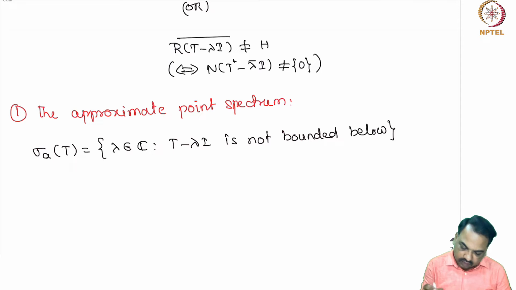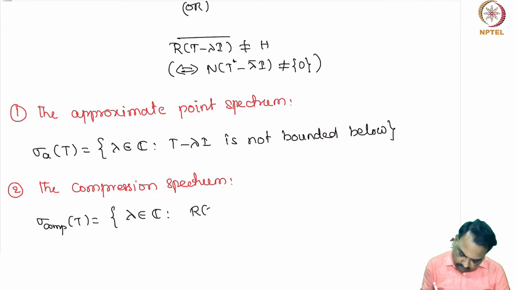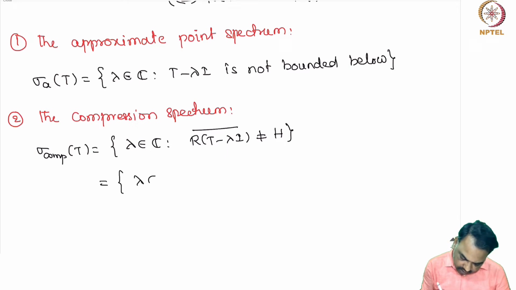Okay. And the second one is the compression spectrum of T. It is denoted by sigma comp of T, the set of all lambda in C such that range of T minus lambda is not equal to H. And we have shown that this is nothing but the set of all lambda such that null space of T star minus lambda bar I is not equal to 0.